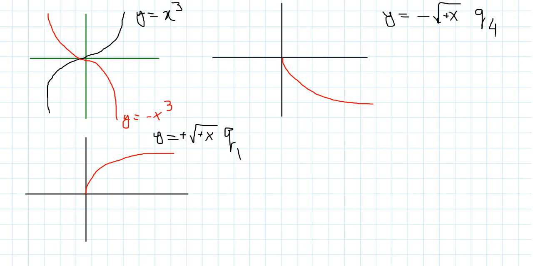Now I have y equal minus radical minus x. So if you see, according to the sign, where y is negative, where x is negative, it is in quarter number 3.